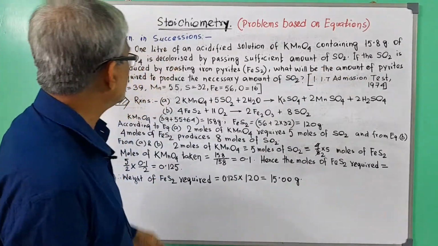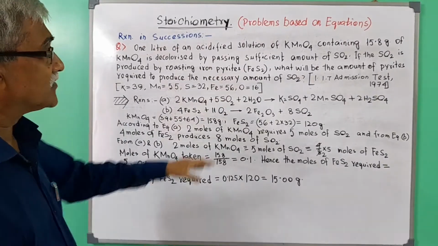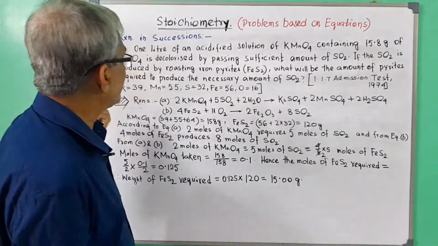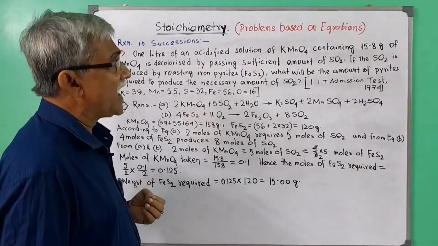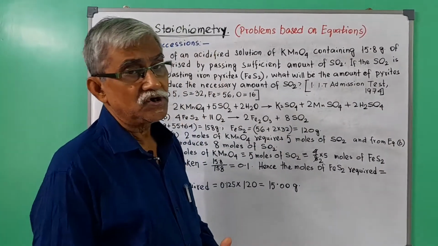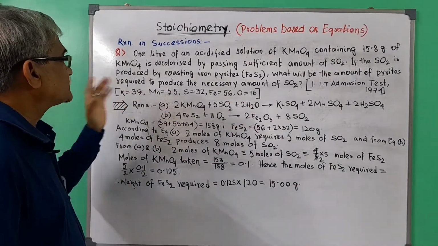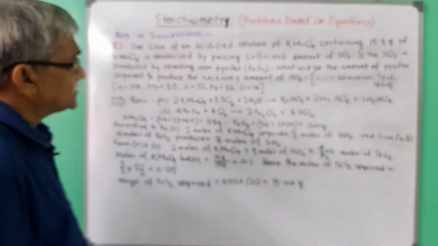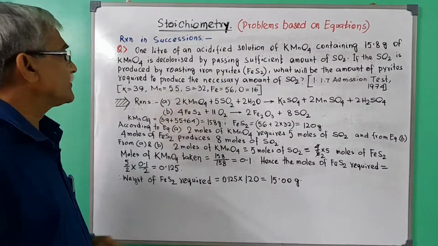If the SO2 is produced by roasting iron pyrites having formula FeS2, what will be the amount of pyrites required to produce the necessary amount of sulfur dioxide? This question was set in the IIT admission test in the year 1974. Given potassium 39, manganese 55, sulfur 32, iron 56, and oxygen 16, relative atomic masses.